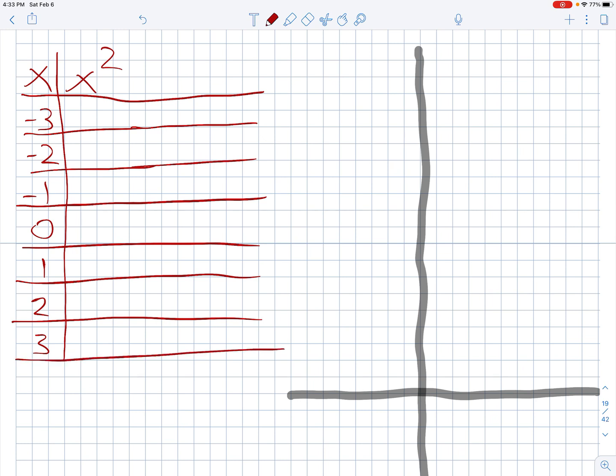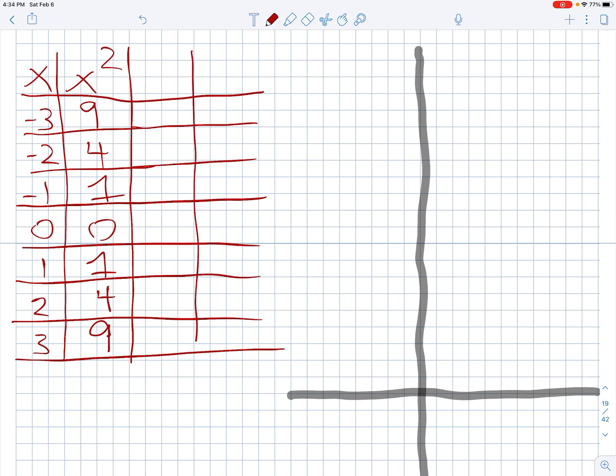So negative 3 to 3 for x, and these y values we know: 9, 4, 1, 0, 1, 4, 9.